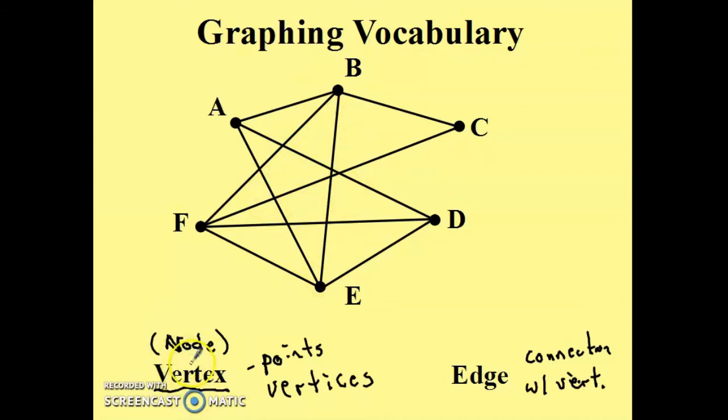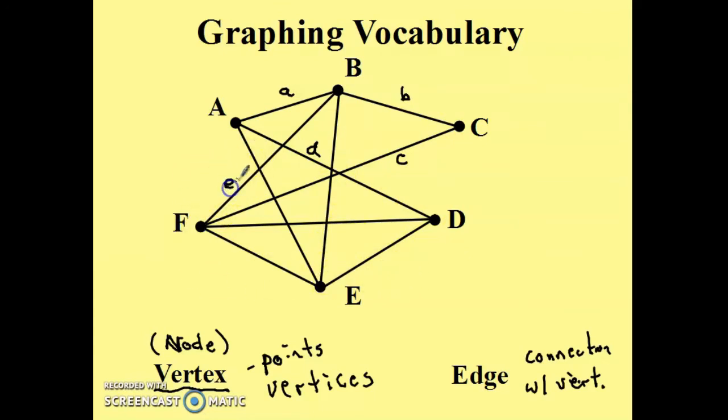Also, the vertices are usually going to be capital letters. Sometimes they will use lowercase letters to represent the edges. You might see an A here, B, this one is C, and call this one D, that would be the whole edge from A to D. But it's just random naming.